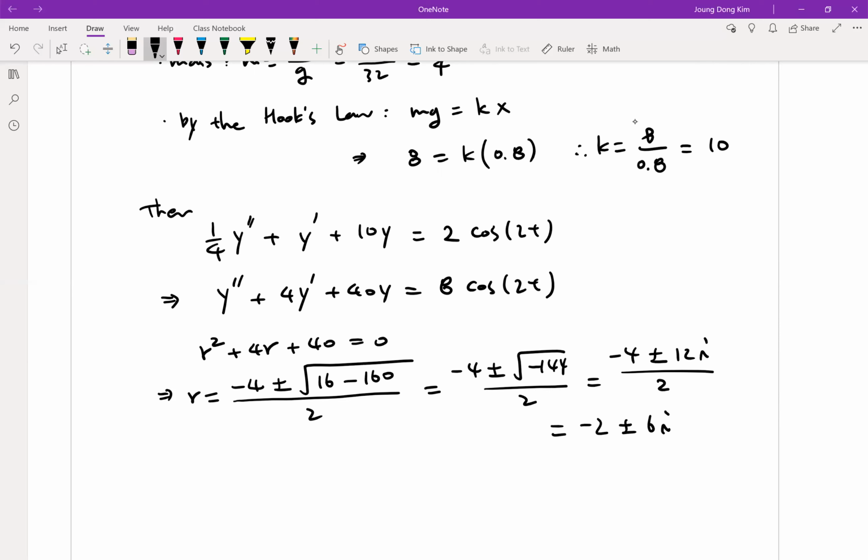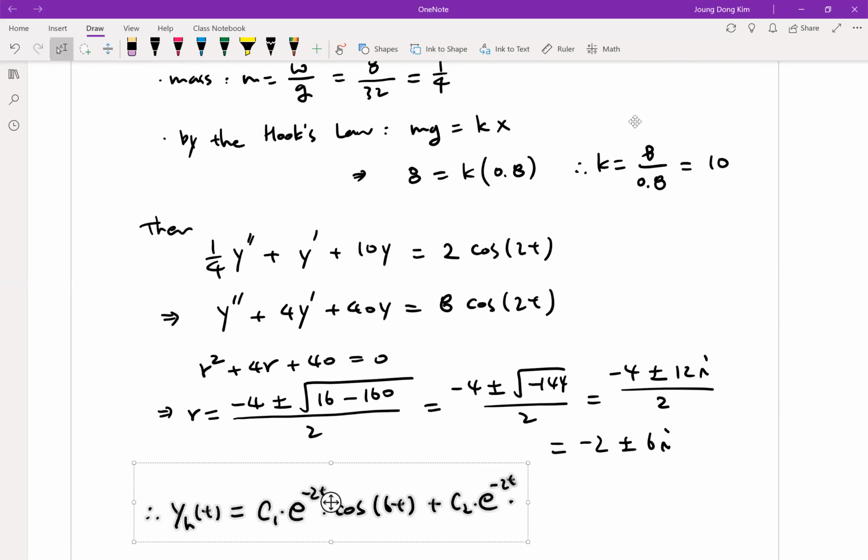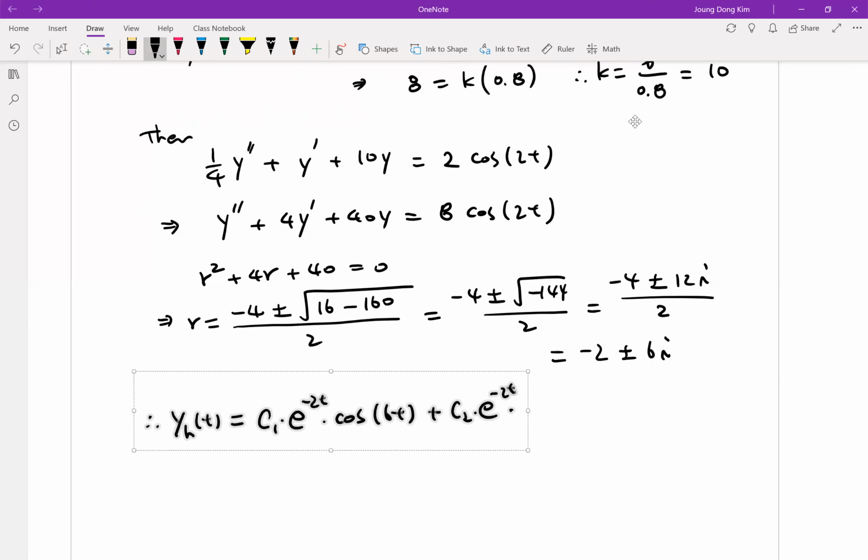So here we go: y is equal to c1 times e to the negative 2t times cosine 6t plus c2 times e to the negative 2t times sine 6t. That's it. This is my solution for the corresponding homogeneous equation.